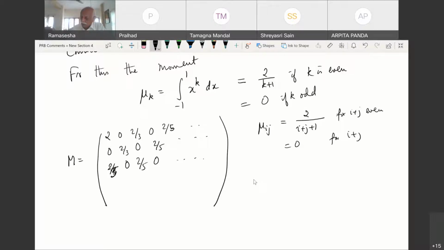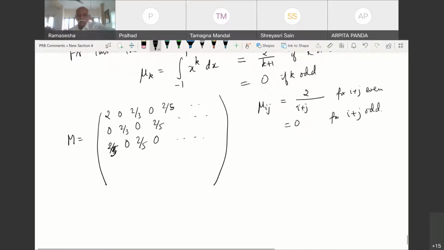So 1 1 is even, so you have 2. 1 2 is odd, the sum of i plus j, so that is 0, and 1 3 is 4, so that will be 2 by i plus j. Okay, 2 by 3 and so forth.